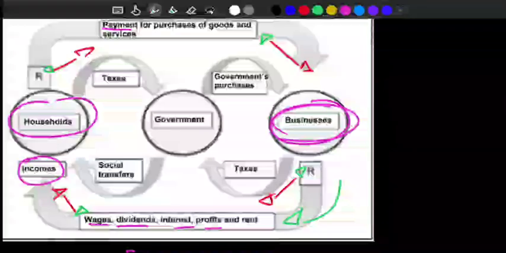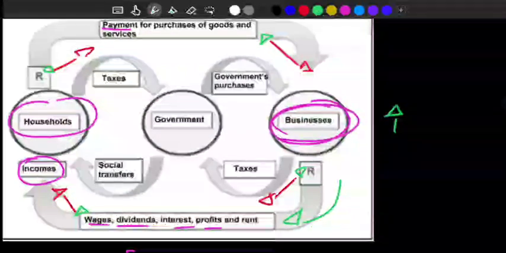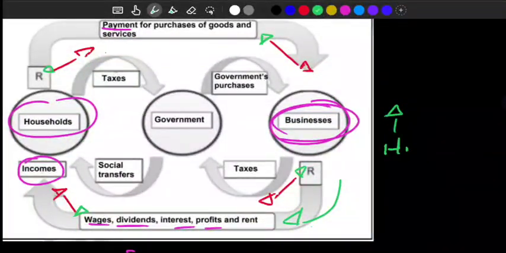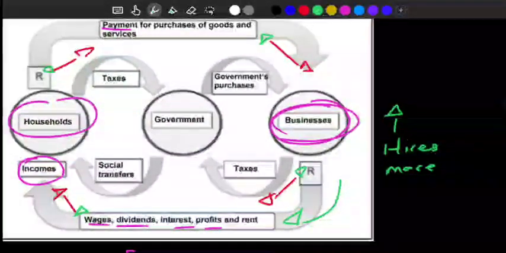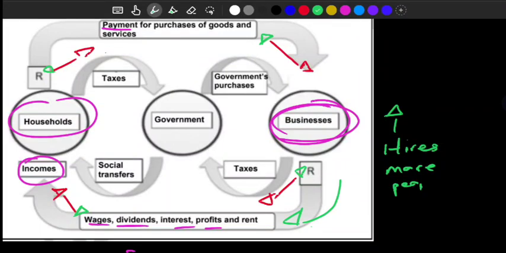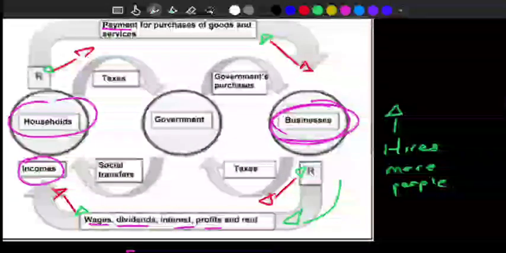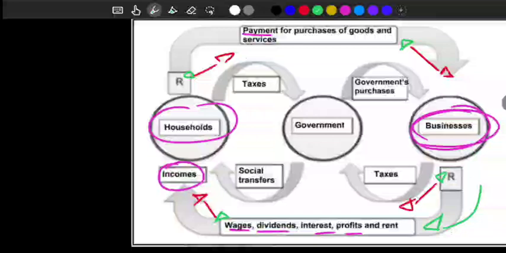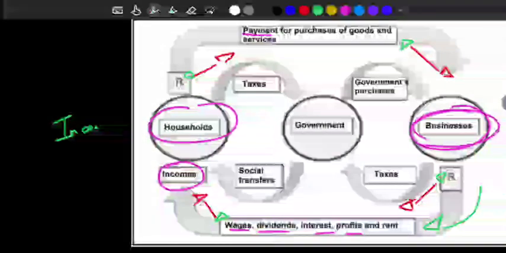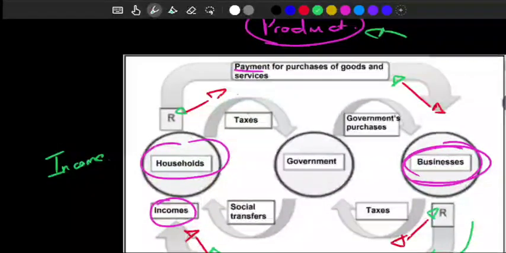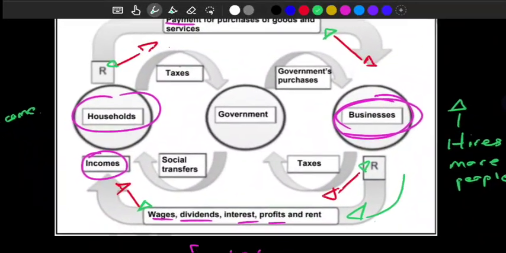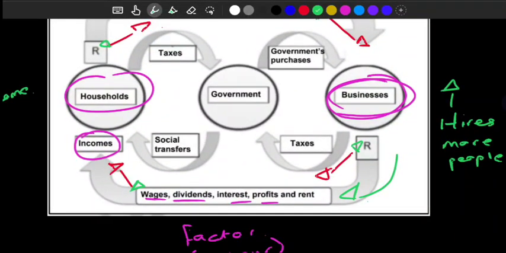So that means the business becomes bigger and bigger, hires more people, right? If the business hires more people, there are more people who are working. More people receive income.